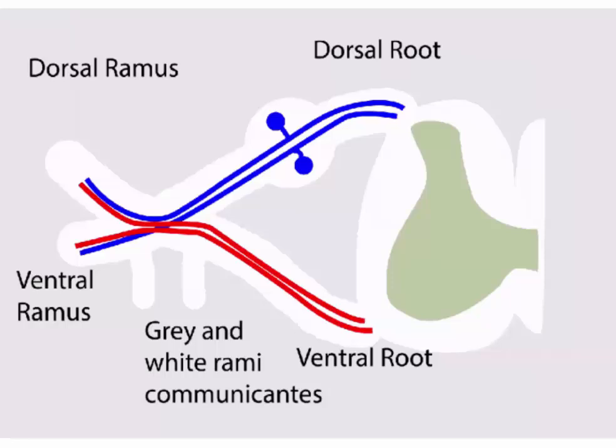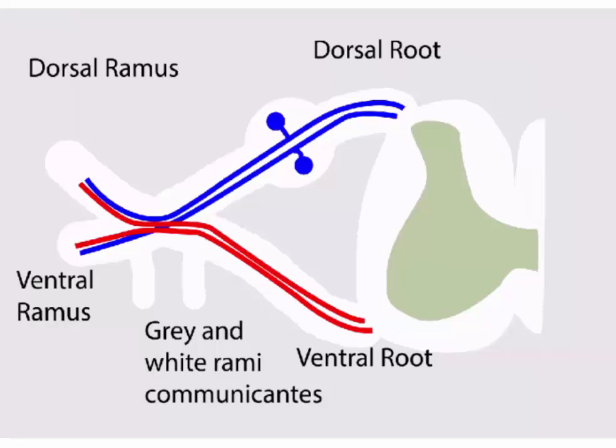Now we'll look at those when we talk about the sympathetic nervous supply, and those meet with a ganglion at each level, and those ganglia from T1 to L2 communicate vertically with each other and subsequently communicate with the three sympathetic ganglia in the neck.